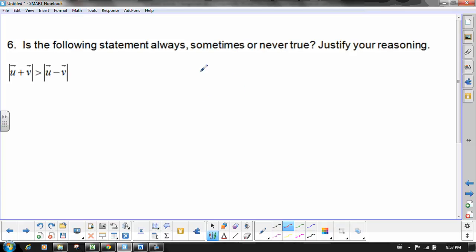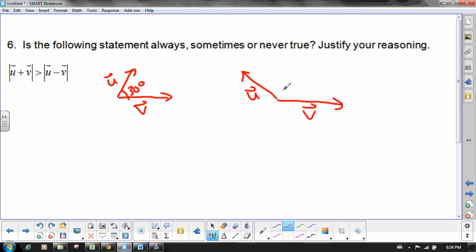So if you were to maybe work through an example that had, so let's say U plus V at 30 degrees versus at 150 degrees.